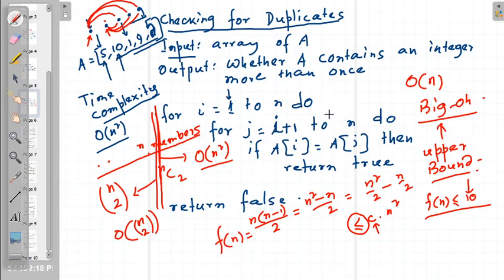Okay, so we were discussing Big O notation, or order of g(n) in general. We have seen several different examples.